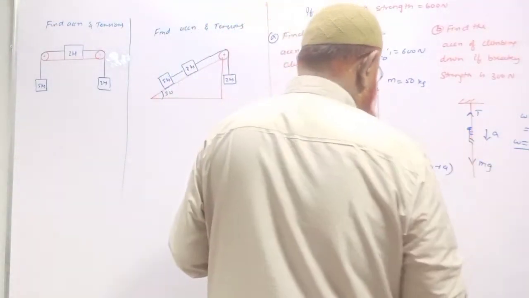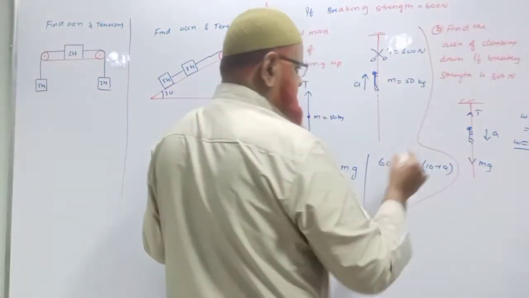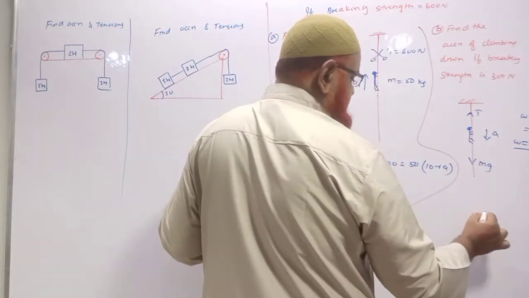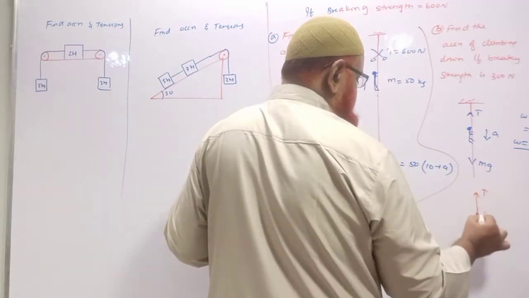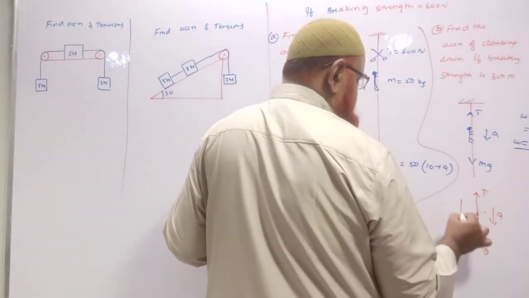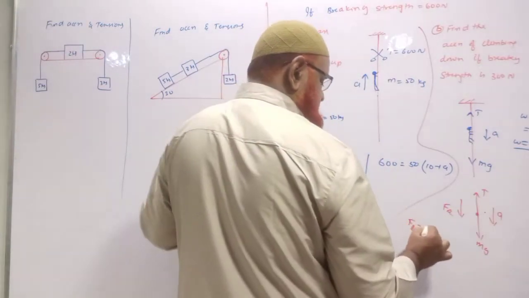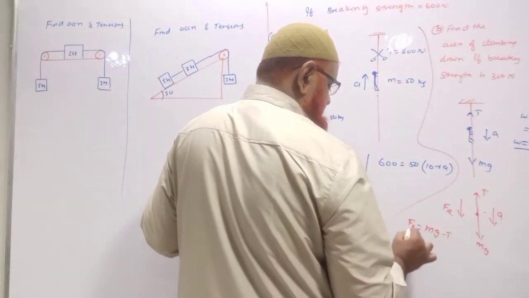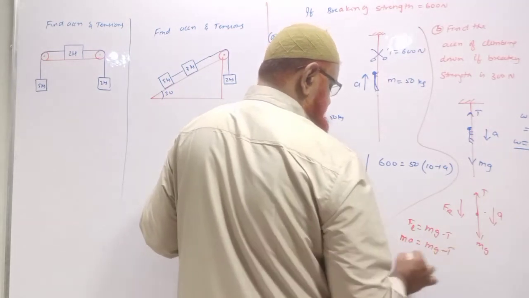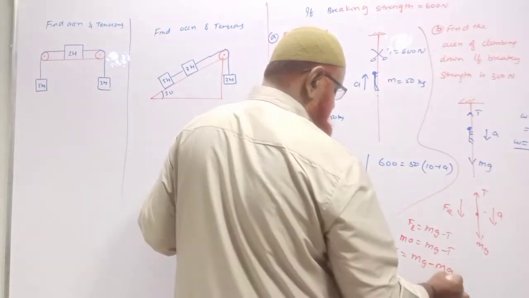So in this case also you have to do the problem in a similar way. If the man is considered as a point, then tension is acting upwards, mg is acting downwards, acceleration is down, resultant force also down. So resultant force is mg minus T, which is m into a. Therefore, T is equal to m into (g minus a), or mg minus ma.